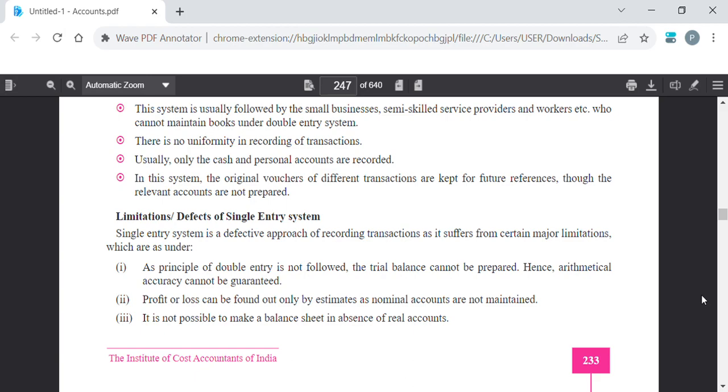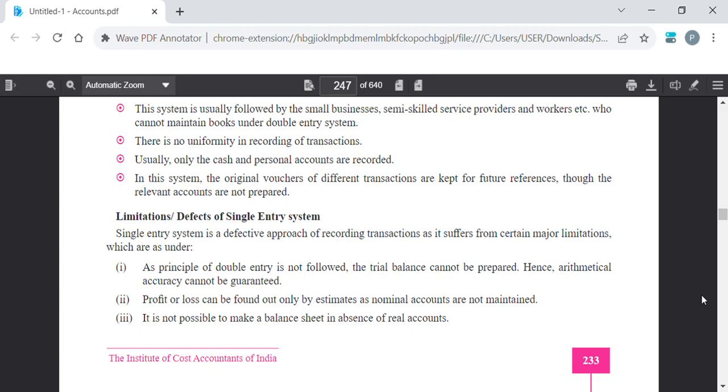Profit or loss can be found out only by estimates as nominal accounts are not maintained. It is not possible to make a balance sheet in the absence of real accounts. So we have 3 points under limitation. We cannot prepare trial balance.